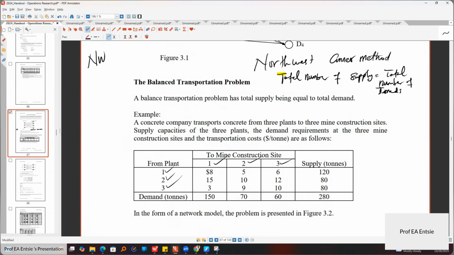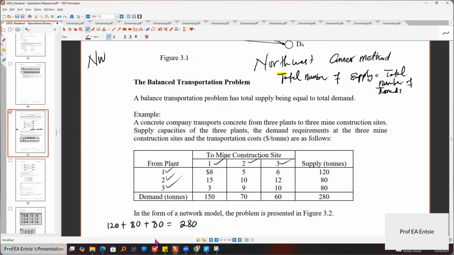You can see that here. We have 120 from plant one plus 80 from plant two, and 80 from plant three. If you add this, you get 280.